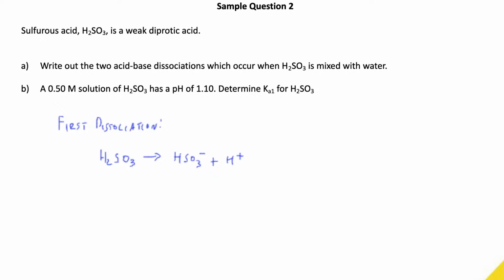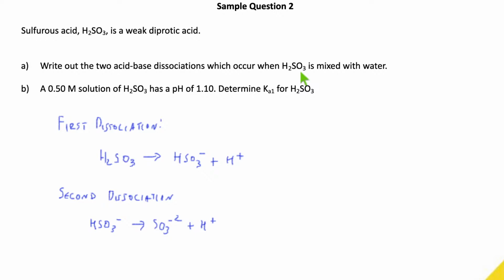Okay, and the second dissociation is when I have HSO3 minus dissociating into SO3 2 minus plus H plus. Now, if they don't ask me for the overall, then I'm just going to leave it this way.